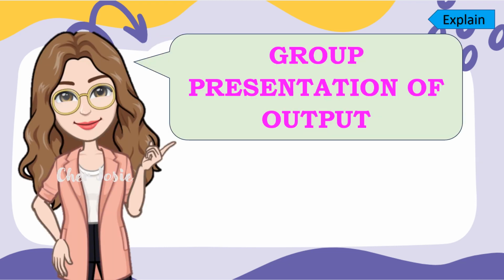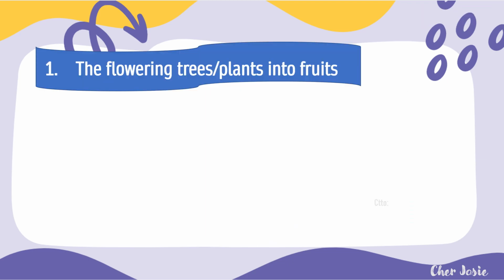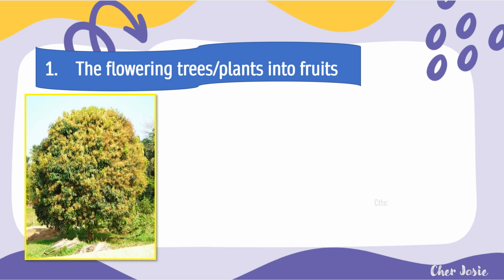And now, it's time for you to present your output. Based on your group activity, most of your answers are correct. Now, let's tackle it one by one. Here are the changes in the environment that are found to be useful. First is the flowering trees or plants into fruits.